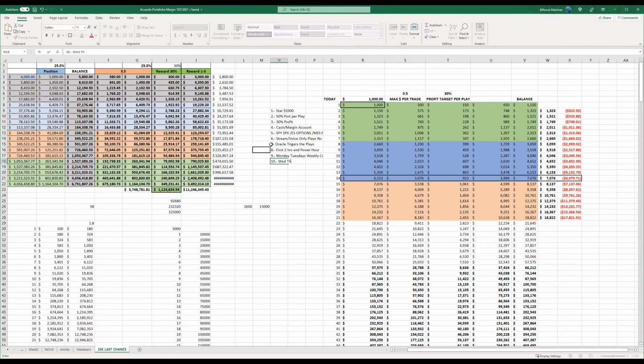Wednesday, Thursday, Friday, next week's contract. We're not going to play, or I'm going to try not to play, 0 DTEs on this account. We're not going to mess with that, because we're going to go slow, but sure, right?